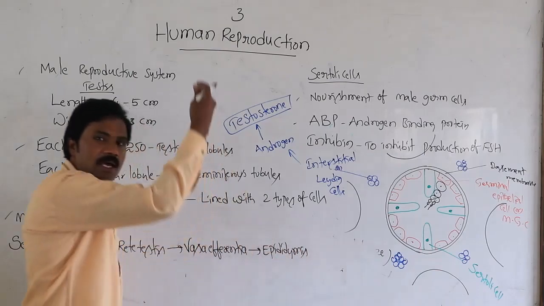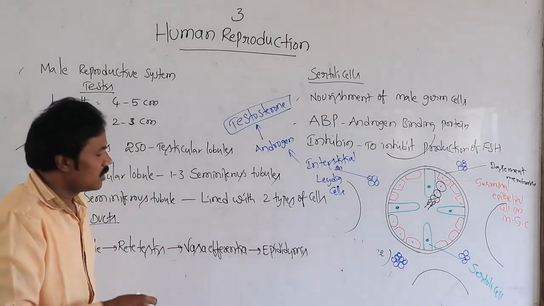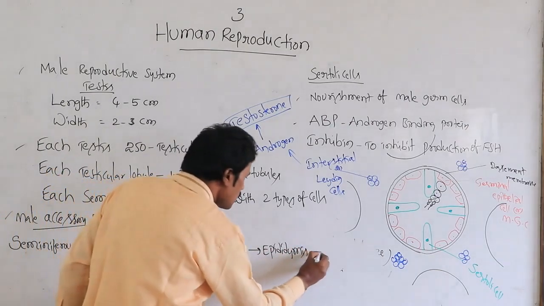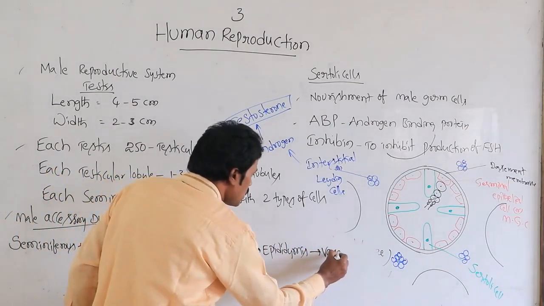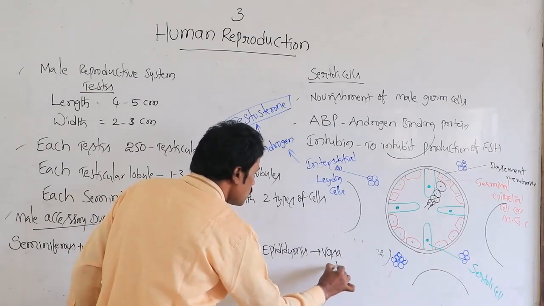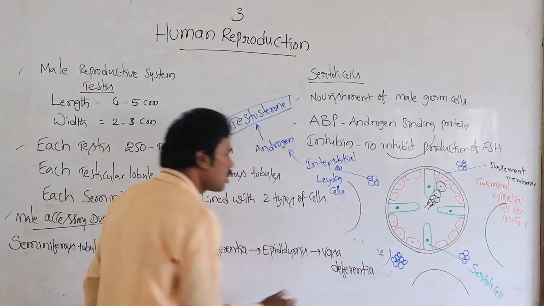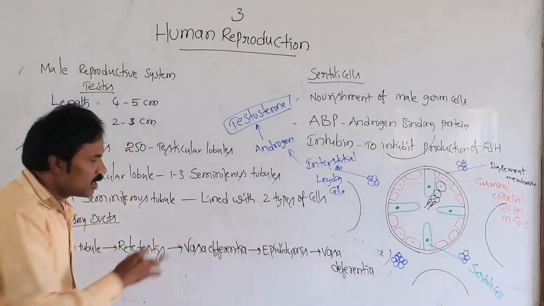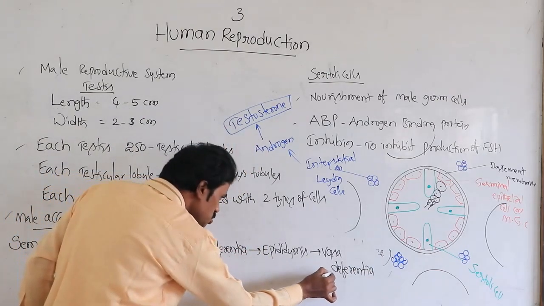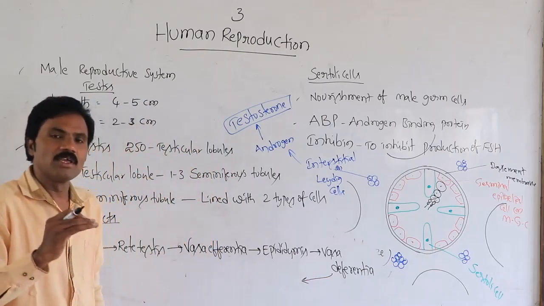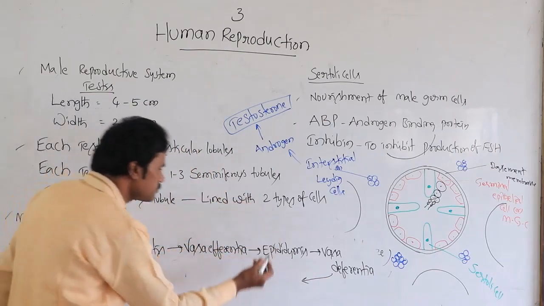Already we said caput, corpus, cauda. From the cauda epididymis arises the vas deferens. From the vas deferens it continues to the urethra.